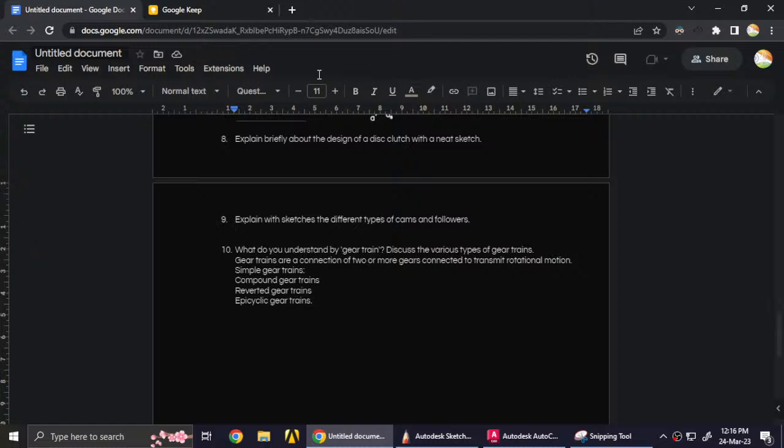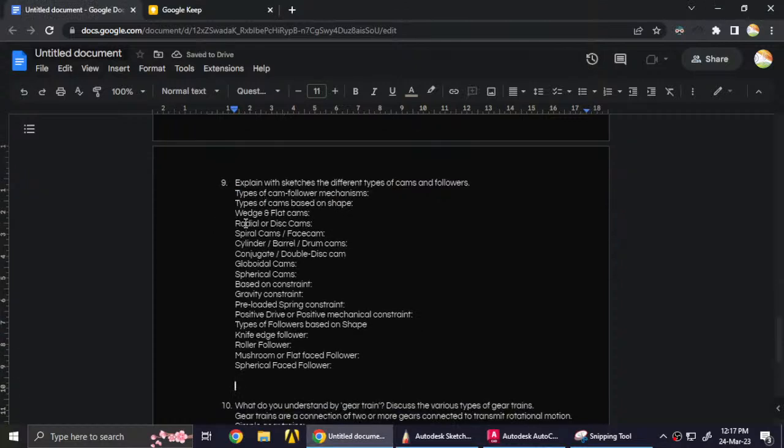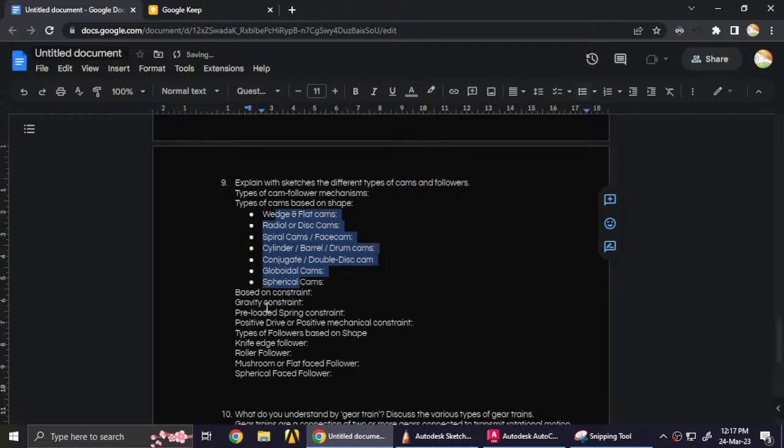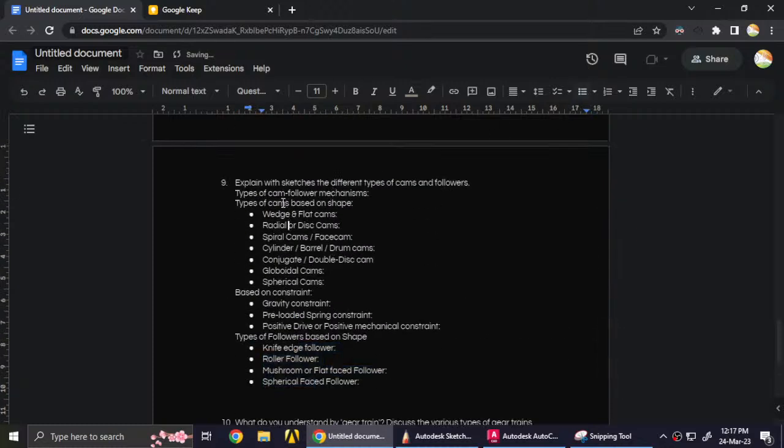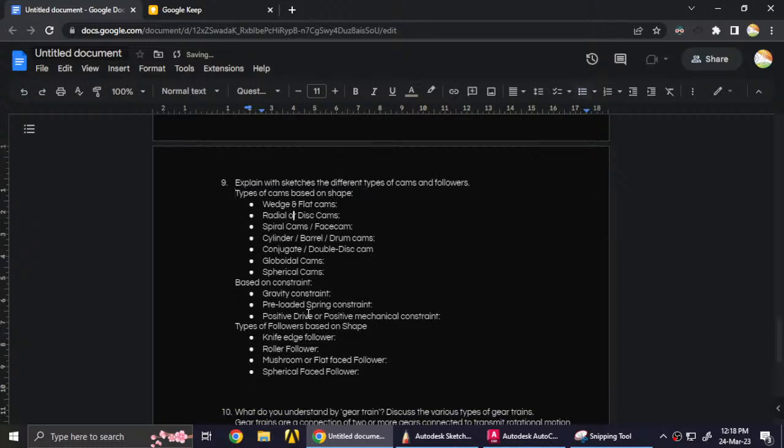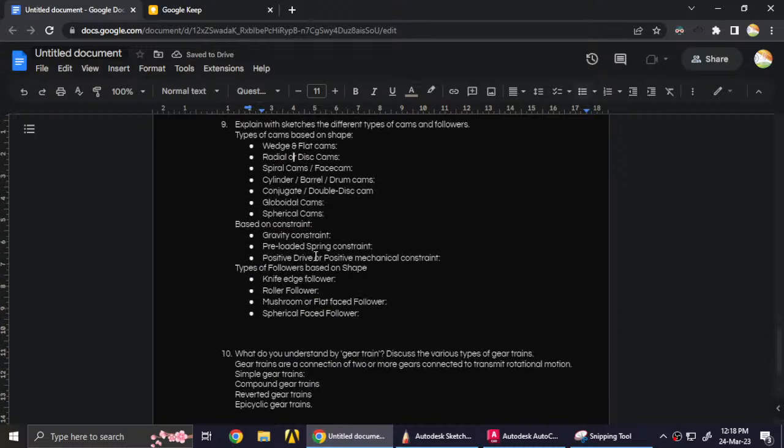Cams and followers. There are lots of different types of cams and followers. It's asking to explain, but there is not enough time to explain each and every one of them.